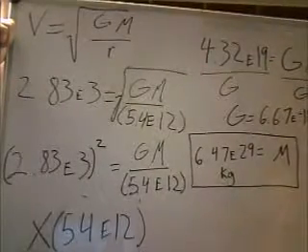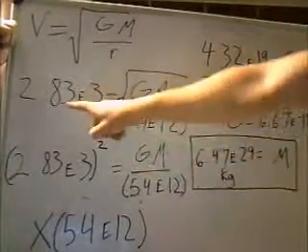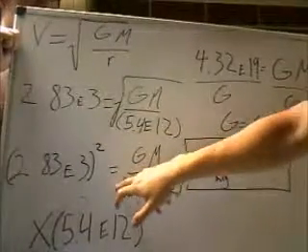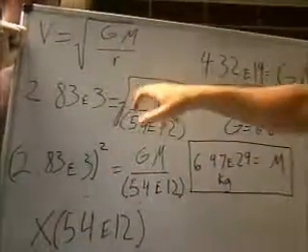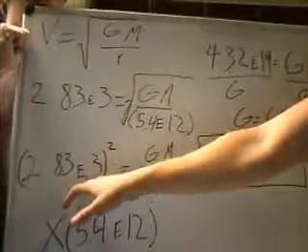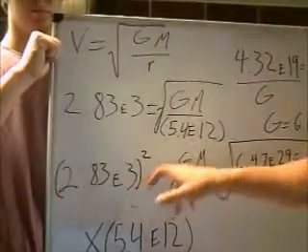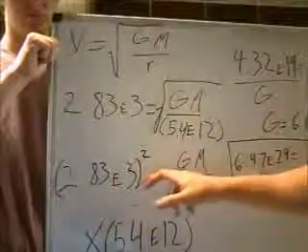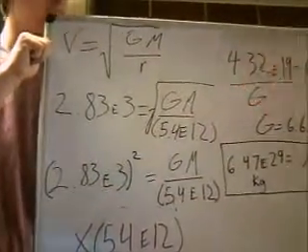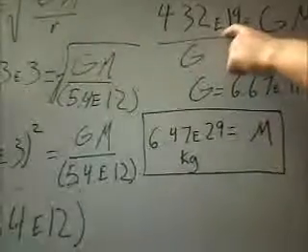So what you should have done was use this equation like we said to do, because you're all good children. And so you take this number and this number, you put it in the equation, you square both sides, getting rid of the radical symbol, and coming up with some number. And we skipped a step, and we just multiplied this number times this answer, and we got this number, 4.32 times 10 to the 19th.